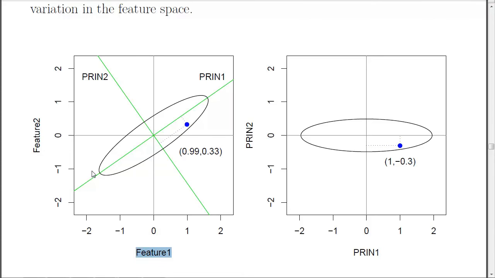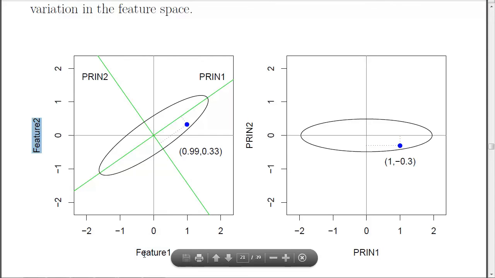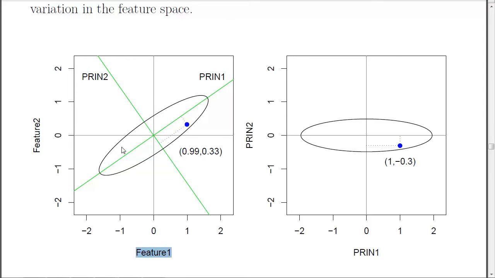If you fit that line, it will actually be a bit shallower. It'll be a bit closer to horizontal than the principal component 1. But that least squares line gives you a conditional prediction. It's the line that predicts feature 2 best when you know feature 1. So when you have a least squares line on this plot, you can plug in a value of x, feature 1, and get a good prediction for feature 2.